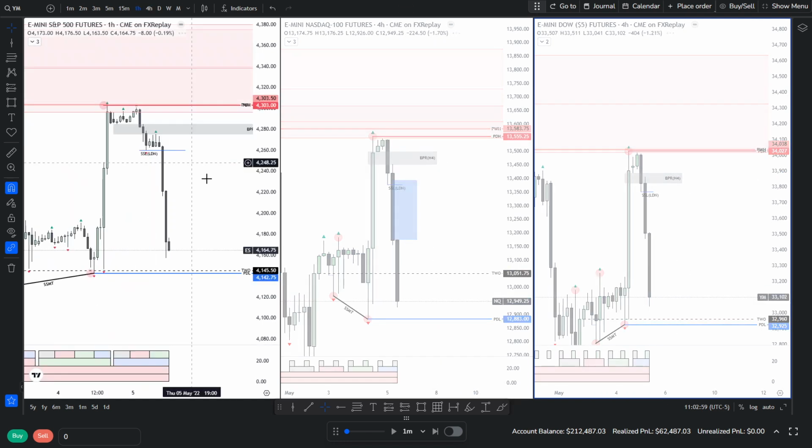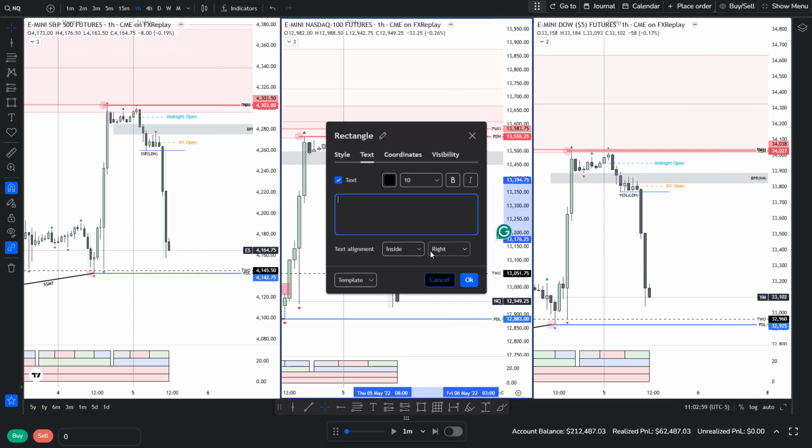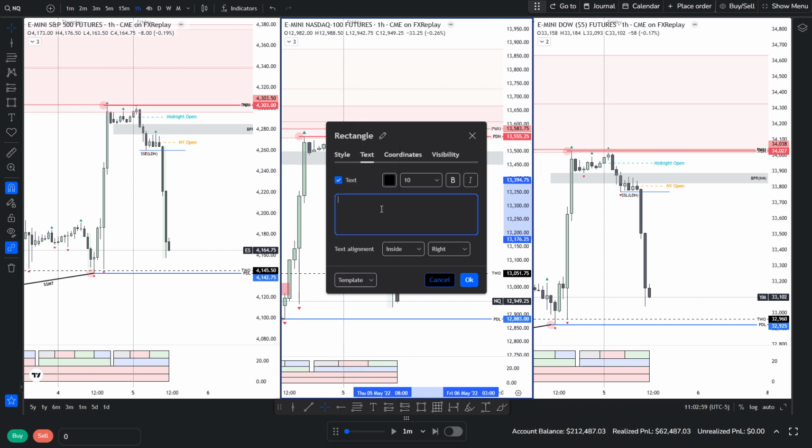Now we'll drop back to the hourly. Put this CB in.